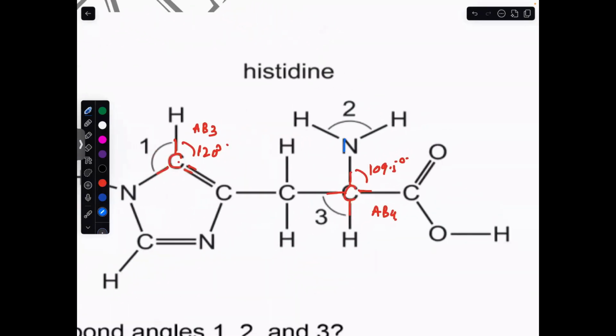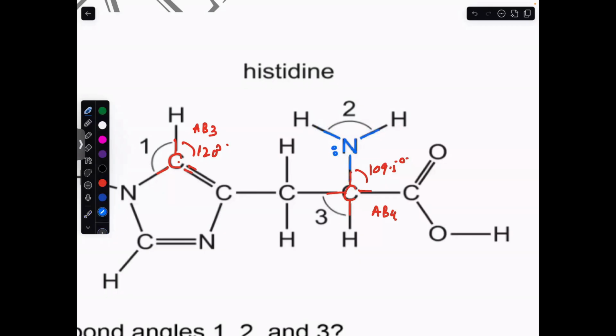Now this is group 5. 1, 2, 3, 4, 5. So A, B, 3E.